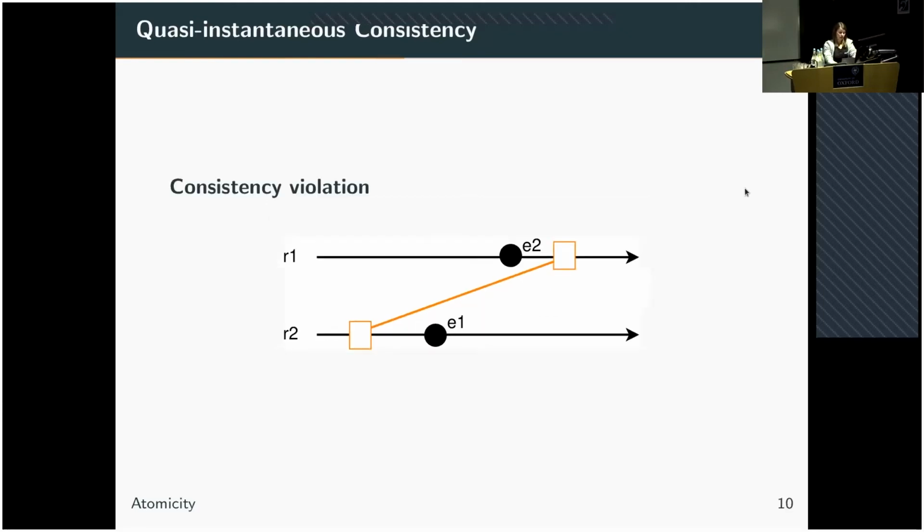So here we also first acquire region 2 and then region 1, but the order in which the... the problem is that while event E1 happens after region 2 has already been copied, then event E2 happens and then region 1 is copied.